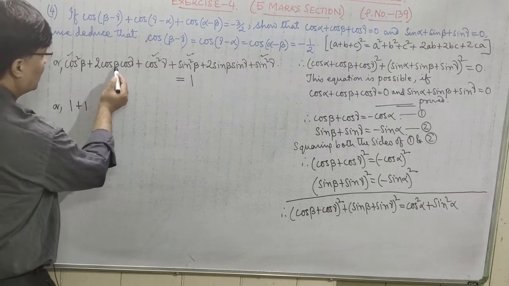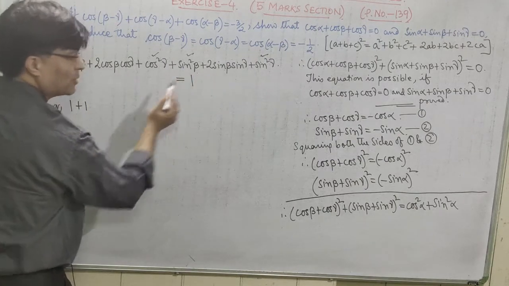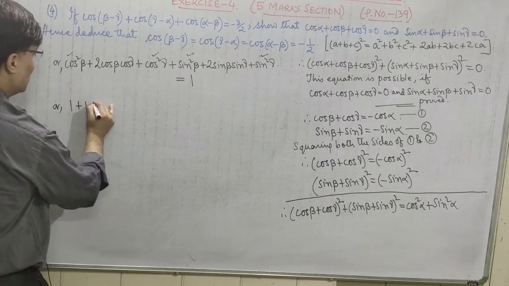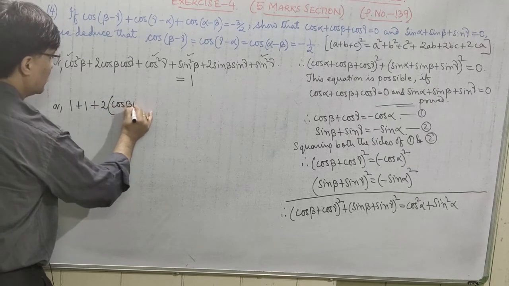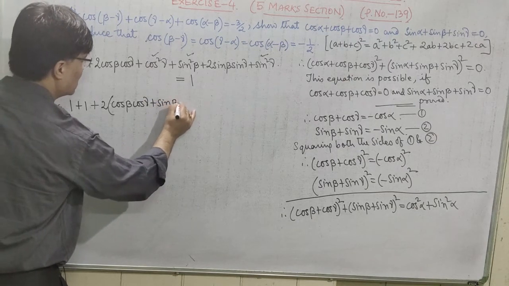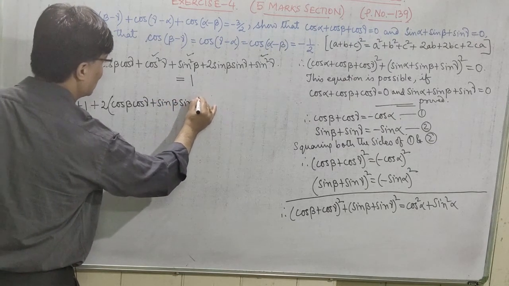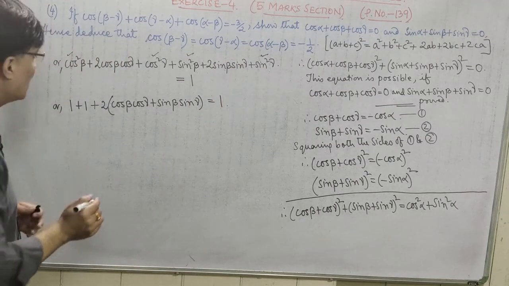And from the terms 2 cos beta cos gamma plus 2 sine beta sine gamma, 2 is common. So within the bracket we have cos beta cos gamma plus sine beta sine gamma, which is equal to 1. Is that clear to all of you?